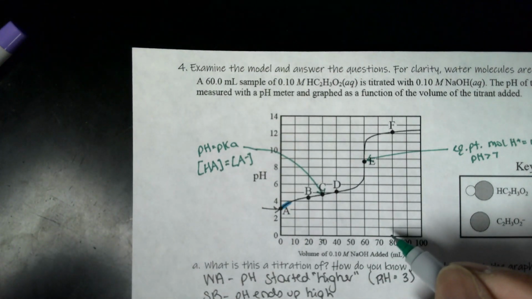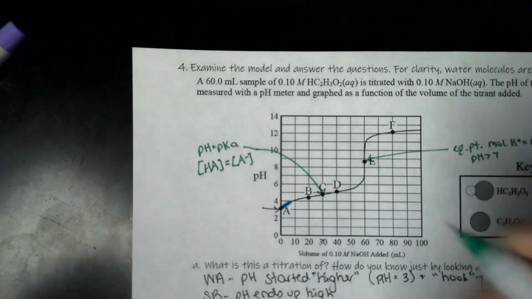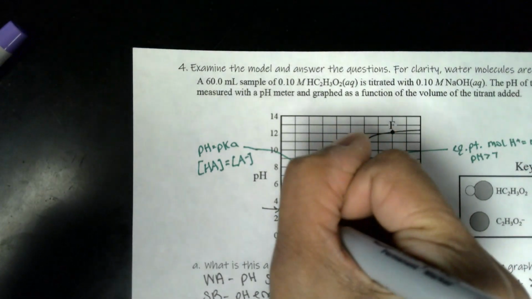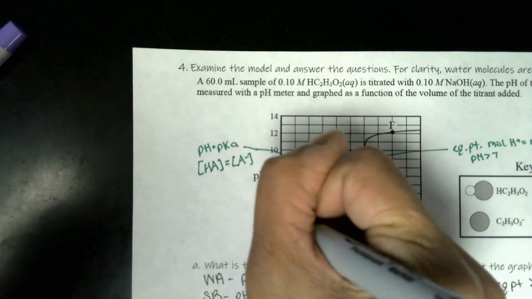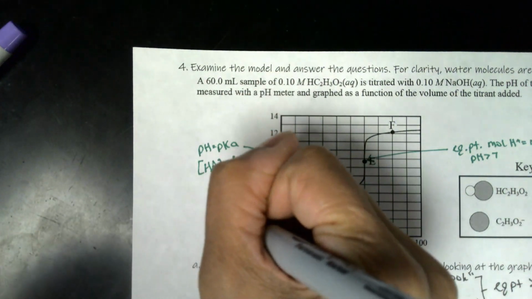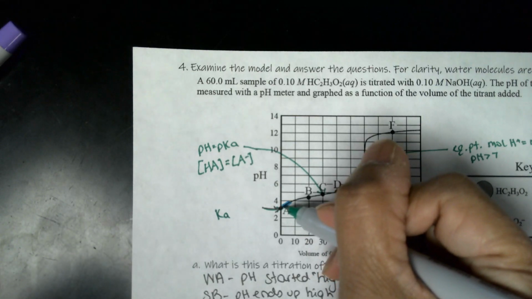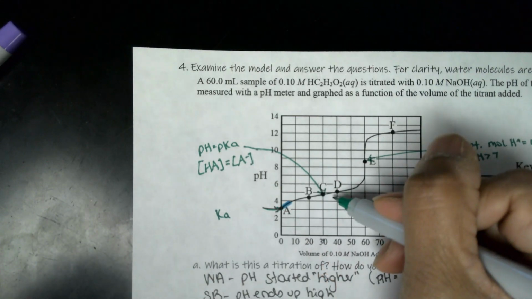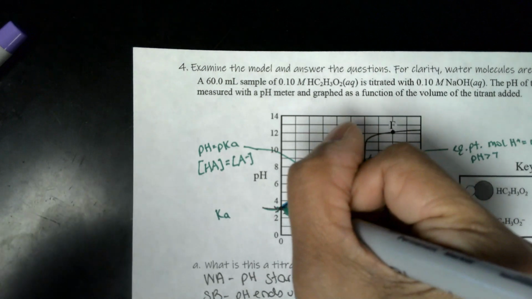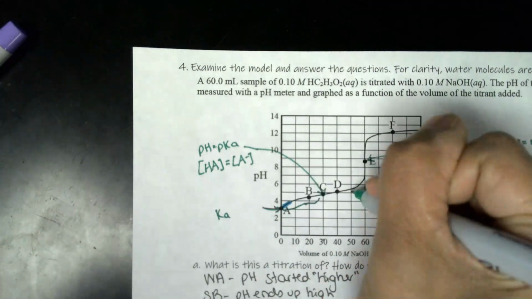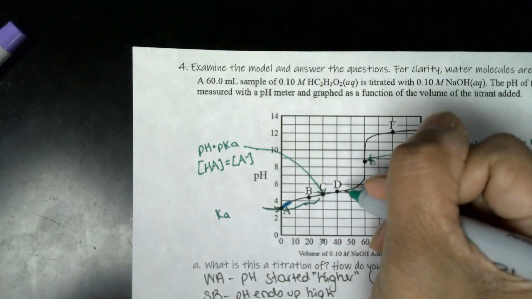We have some other things we want to talk about as well. This little section right there is where we have the Ka value. And this whole area that's fairly linear, that's our buffering region.